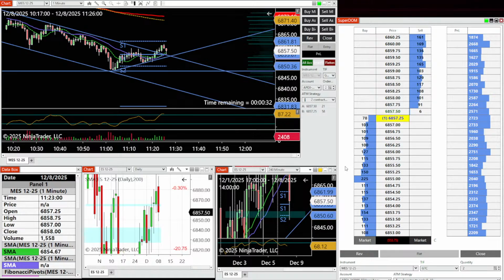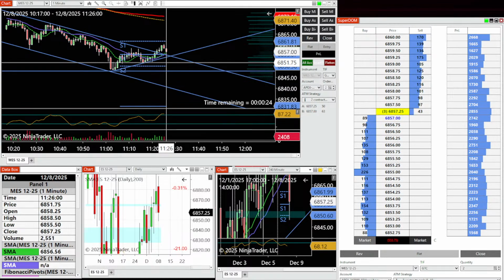Pull back to 57. Actually pull back lower. This is 55. Go back to 55.